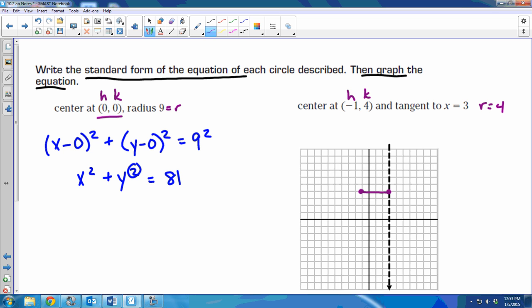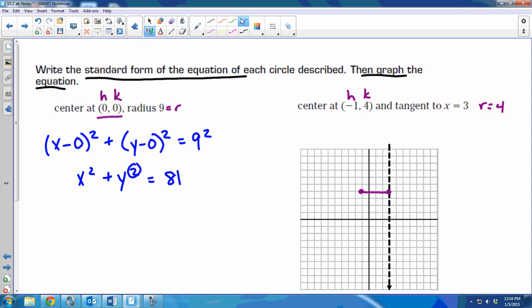Does that make sense? Yes? Alright, so then I have to write the equation and draw my circle. I'm going to write the equation first and I'll go back and finish my circle. So you have to fill in the equation. We have H, K, and we figured out what r is.